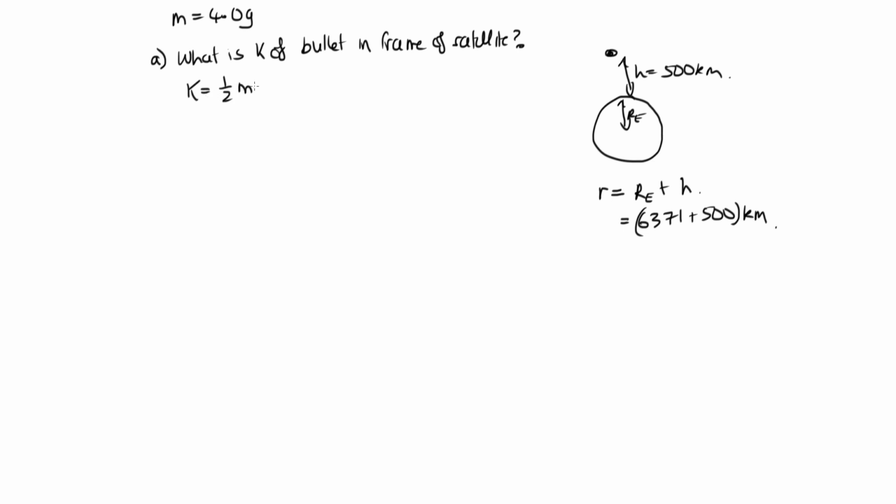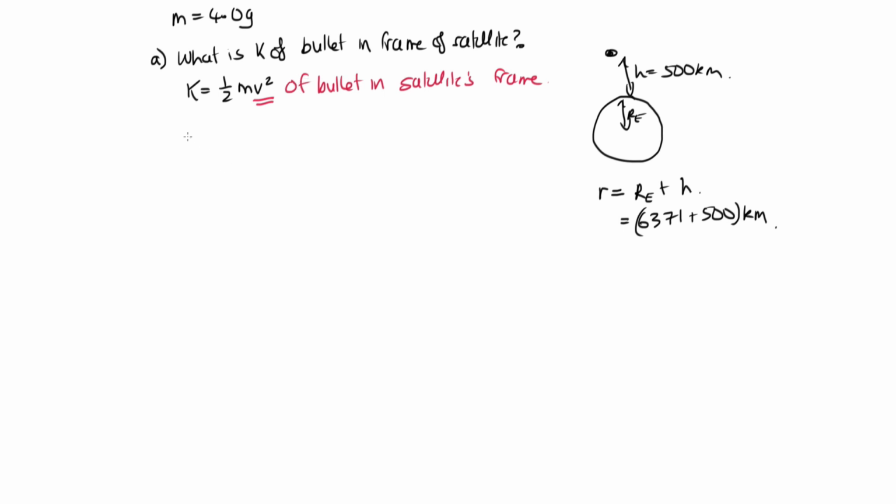The kinetic energy is equal to a half mv squared, but this tells us that we're going to need to know, well, what's this v here of bullet in satellite's frame. So we're going to need to use what we're told in the question to work out the speed of the satellite, and then once we know the speed of the satellite, we know that the speed of the bullet is equal and opposite to that, so then we can get this relative velocity here.